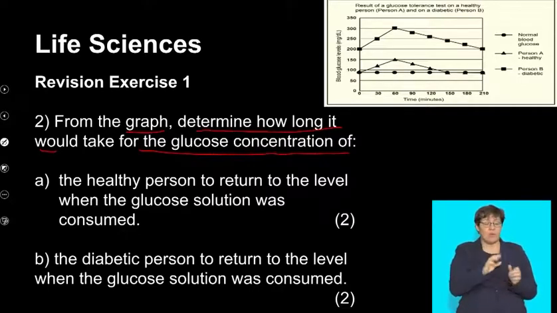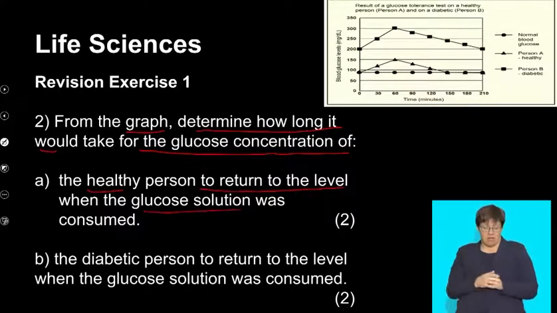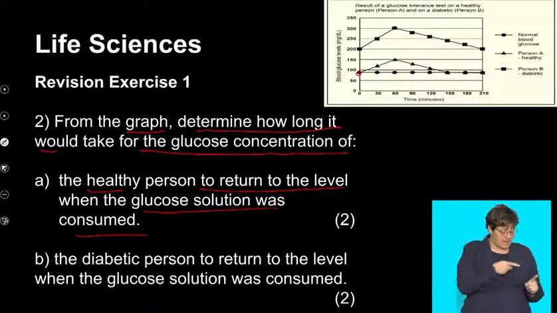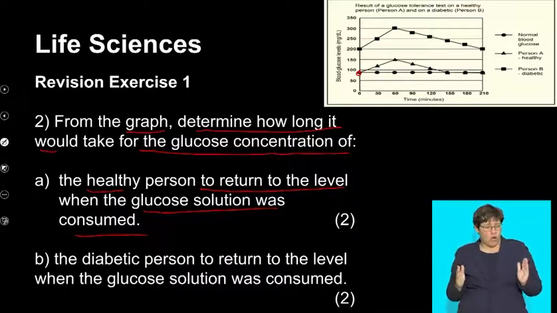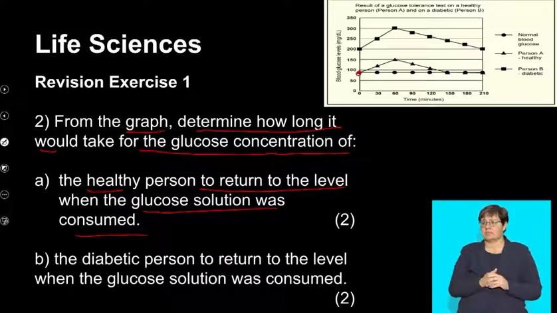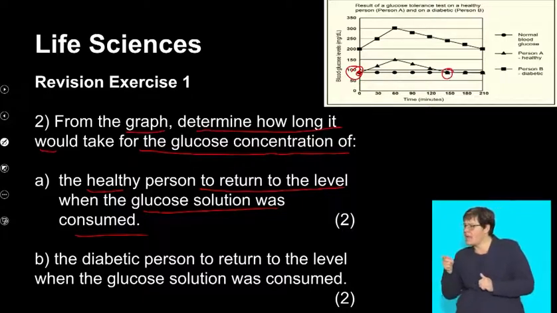A, the healthy person to return to the level when the glucose solution was consumed. So in the healthy person, how long does it take for the glucose levels to return to normal after the individual consumed it? The initial amount was just under 100 milligrams, and it reached that value again after a specific time period.